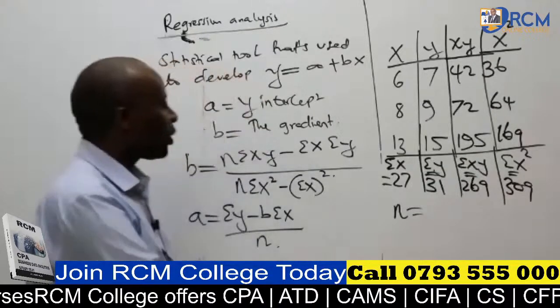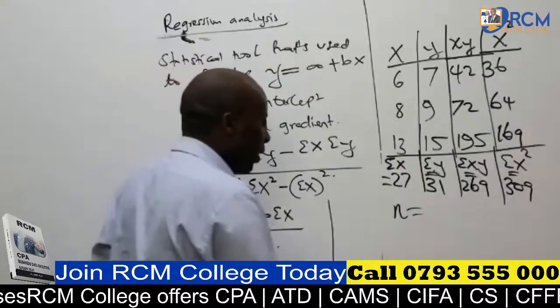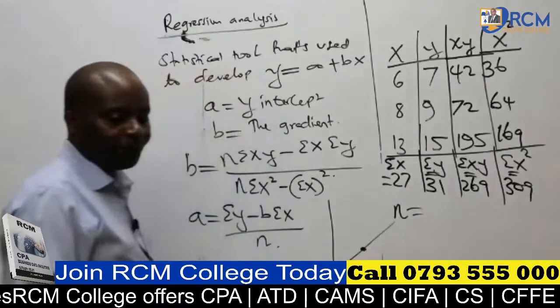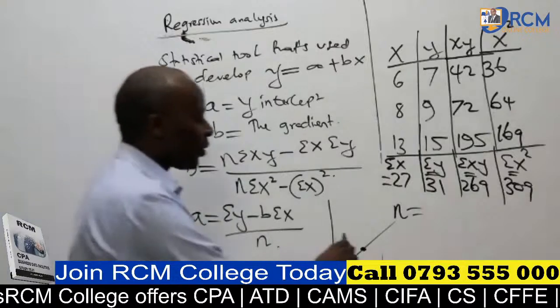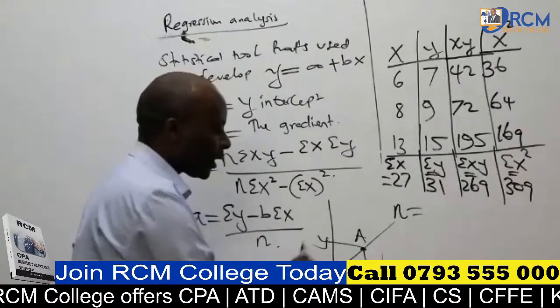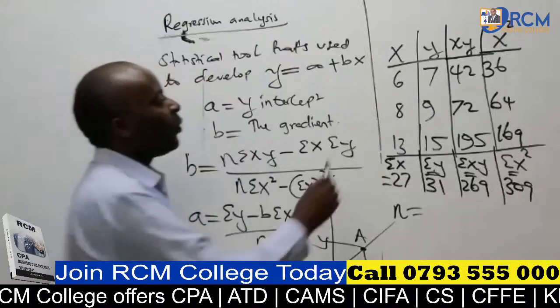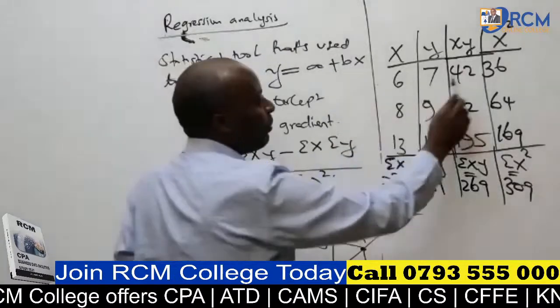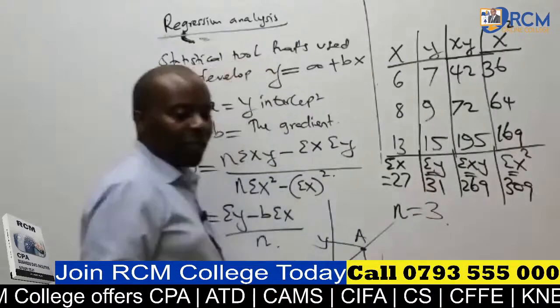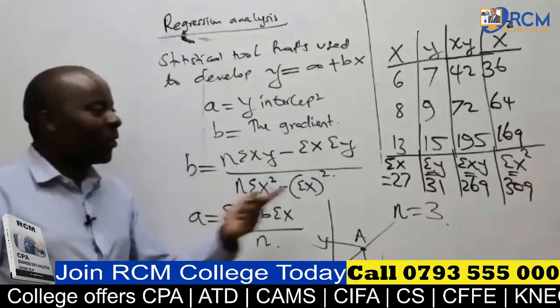Remember on a Cartesian plane, this is how our points look. If this is point A, it has an x coordinate and a y coordinate. This is point number 1, point number 2, point number 3, so n is 3.